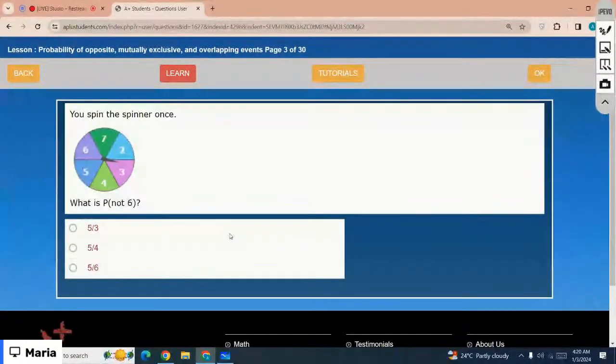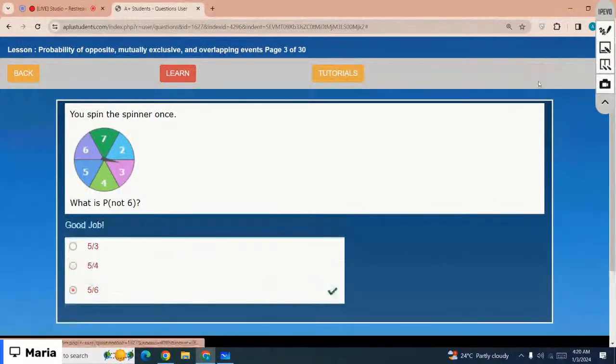Yes, that is 5 over 6. The correct option is 5 over 6.